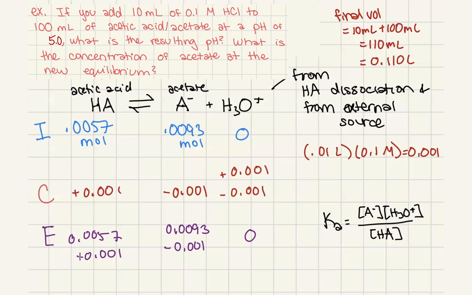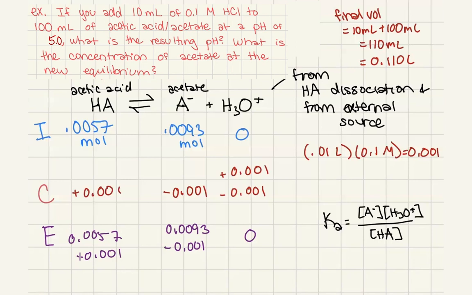Now, we don't really have 0 of H3O+, because remember we had a little bit in the beginning, but this amount that we add is going to be orders of magnitude greater than the amount that we had in the beginning. So we weren't considering it there. When we go to figure out the pH, we will be taking it into account here. But for the sake of these equations, it's not going to matter.